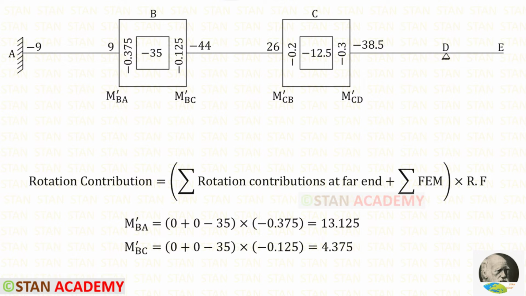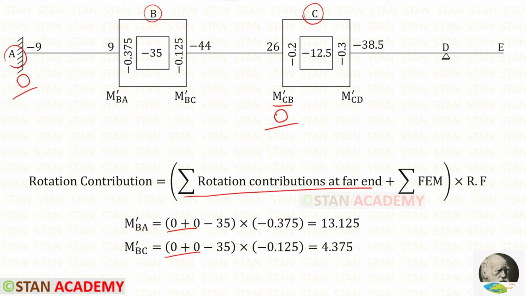Now let us find the rotation contributions in the joint B. For the joint B, the far ends are the point A and the point C. In the point A, the rotation contribution is 0 because it is a fixed end. In the point C, initially M dash CB will be 0. So for the summation of rotation contributions at far end, we have 0 plus 0.